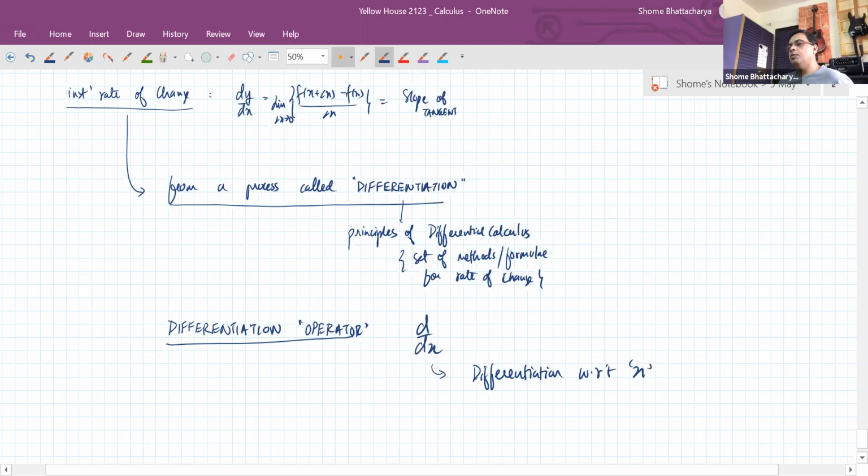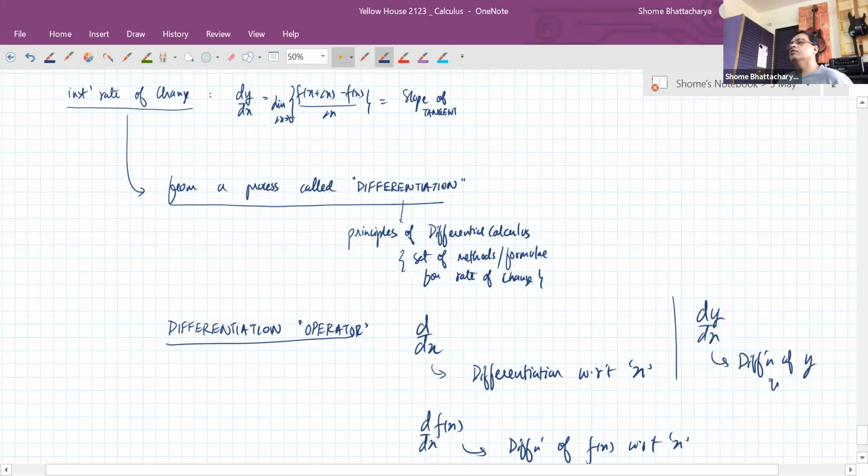So if I apply this operator on a function, this is now differentiation of that function with respect to x, or I apply it to another variable. So this is now differentiation of y with respect to x.